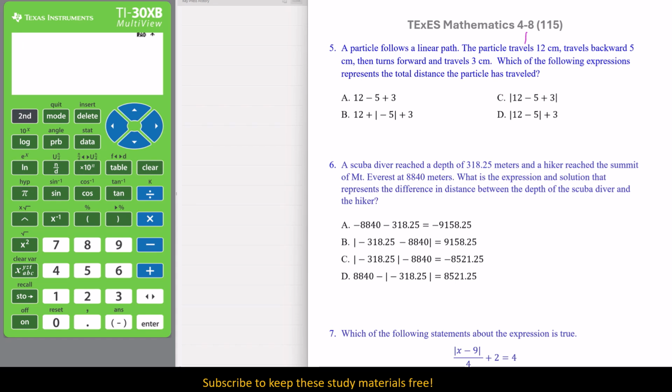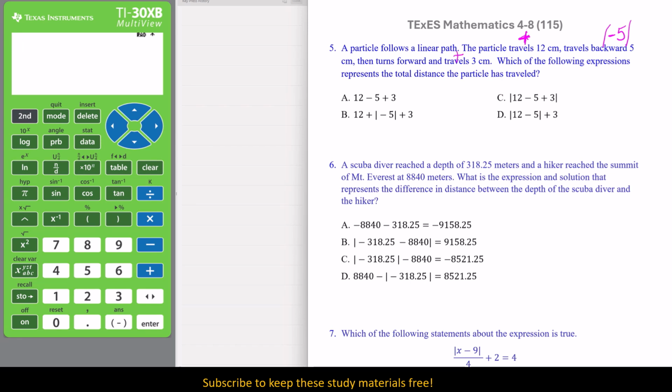Okay, so we have plus the 12, so he's going along forward. But then backwards, we could say -5. But that's an absolute value because it's distance. He's traveling a total distance. Then turns forward. So they're trying to imply a plus.